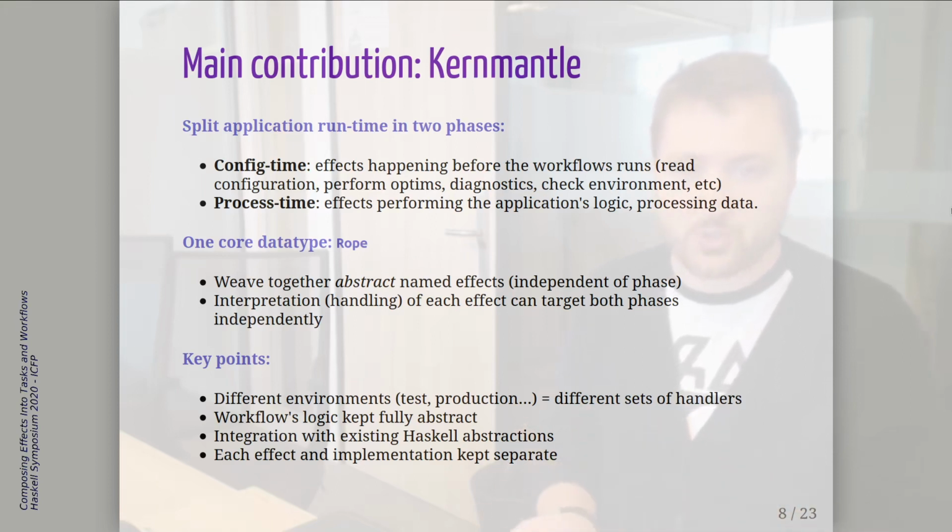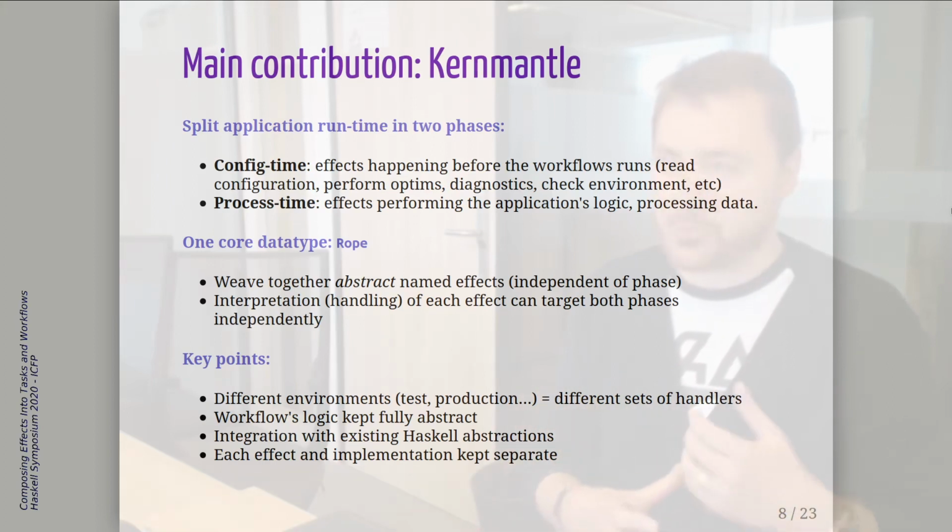So to do that, we have one core data type, which I presented, which we call rope, which is about weaving together different abstract named effects. When a developer or a data scientist writes a pipeline, he does not have to care about this configuration time or process time. He just writes the effects he or she wants to trigger.